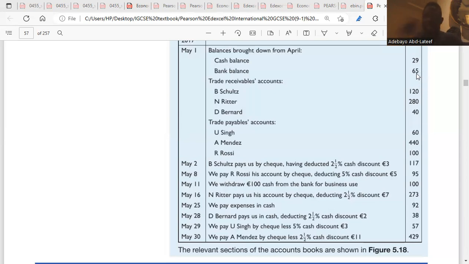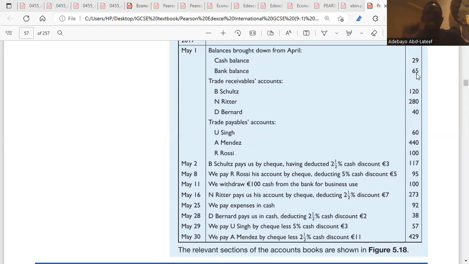On the debit side, we have the date, the details, the folio, the discounts, cash, and bank. On the credit side, we have the same. What we receive in terms of cash and income goes on the debit side, and our expenses, what we pay out, go on the credit side of our cash book.